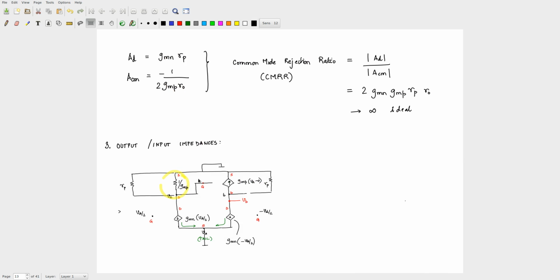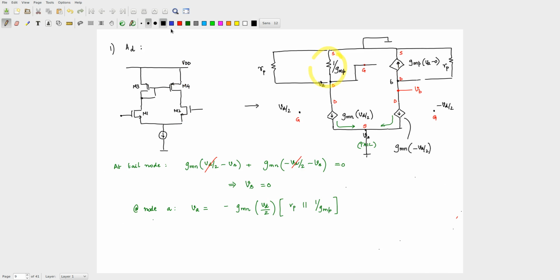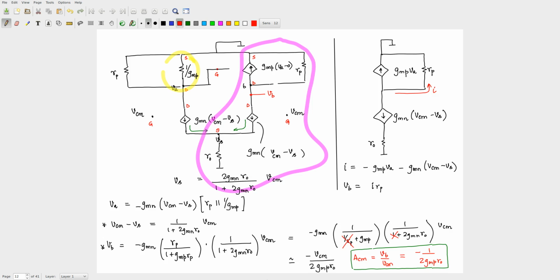If I want the input impedance, what do you think the input impedance is? The input impedance for the signal is actually the impedance looking into the MOSFET here and looking into the MOSFET here, because that's where you are giving in the signals. So clearly your Rin is infinite, right? So the input impedance is very straightforward. Let's forget about that. Let's now look at the output impedance.